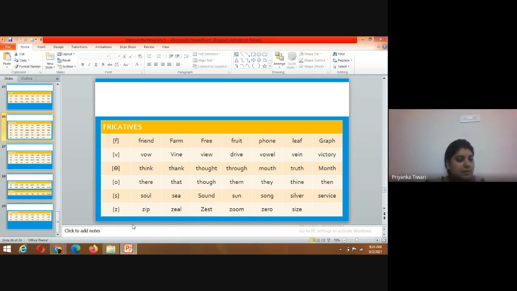Next, the sound of ar: arm, large, park, farm, harm, father, mark, dark, heart, cart, part.